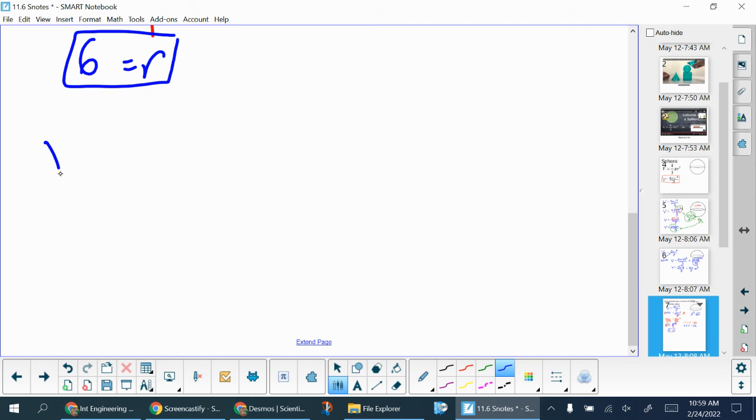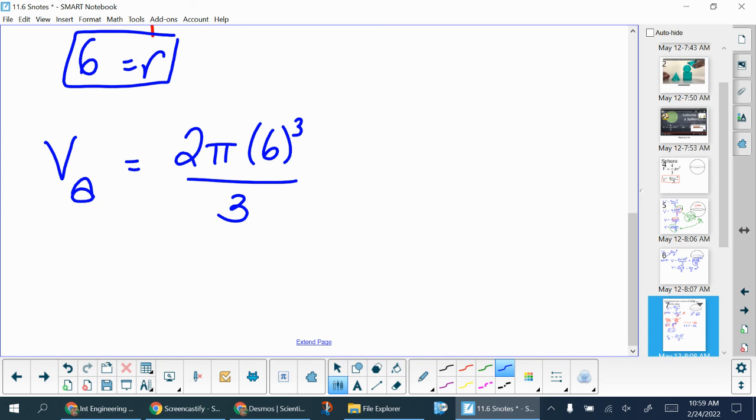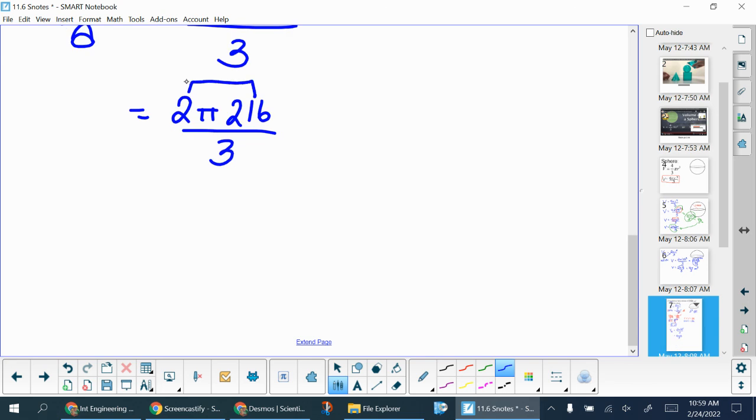So the volume of our hemisphere is 2 times pi times 6 cubed over 3. If I go ahead and start working through that, I've got 2 times pi times 216 over 3. I could multiply by 2.